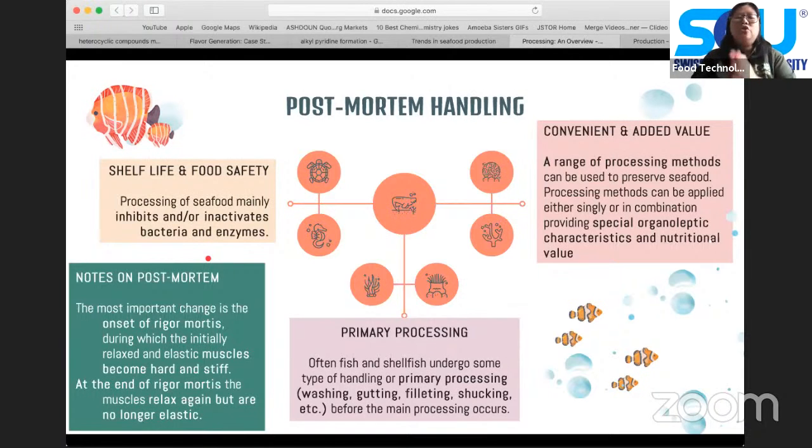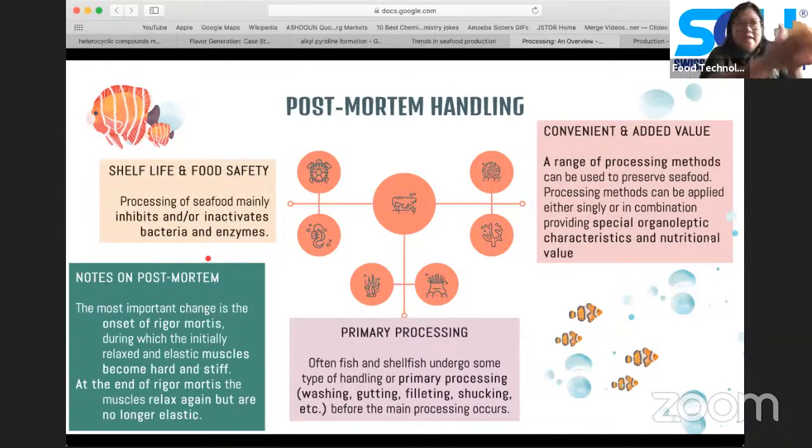In addition to the shelf life and food safety, the processing may create convenience and added value to the seafood product. A range of processing methods can be used to preserve seafood, and the different variations of these processing methods give a special organoleptic characteristic and a special nutritional value as well.